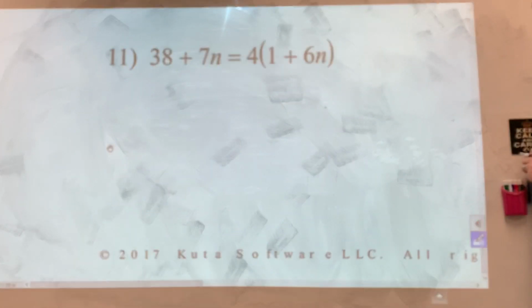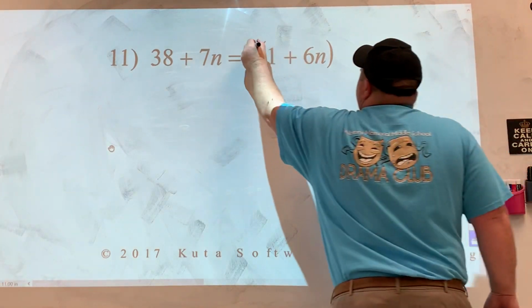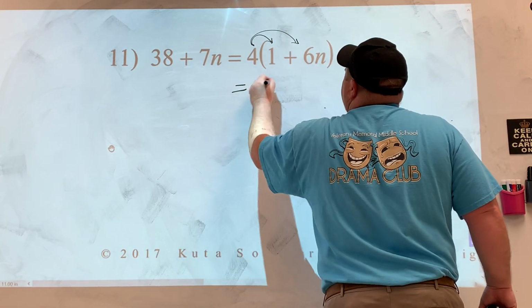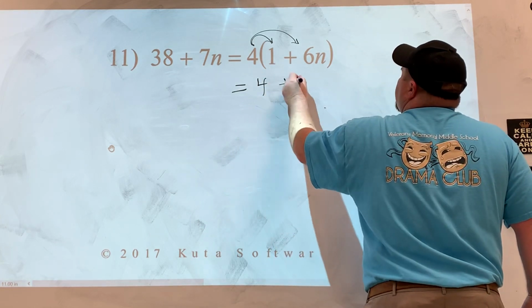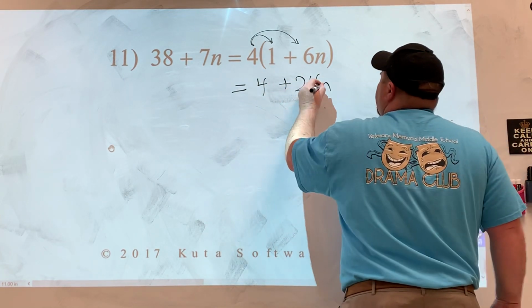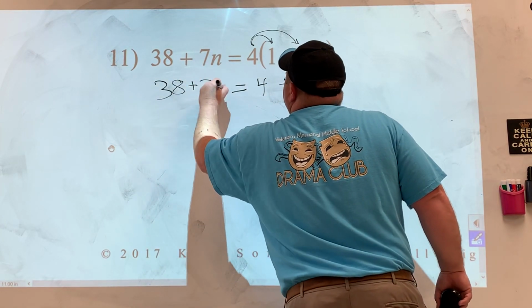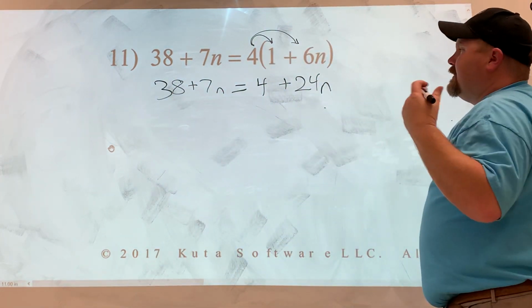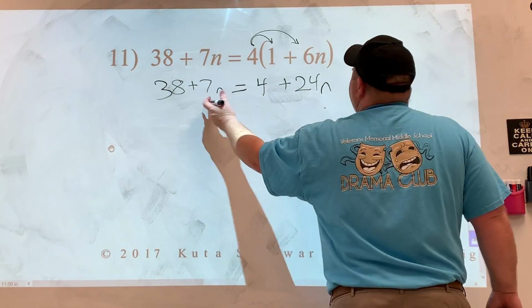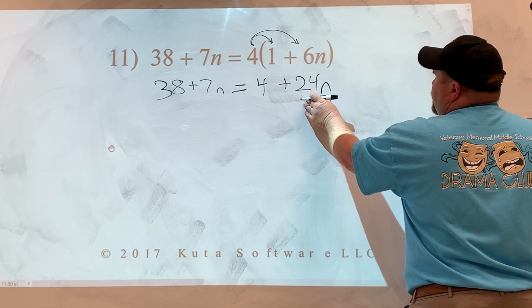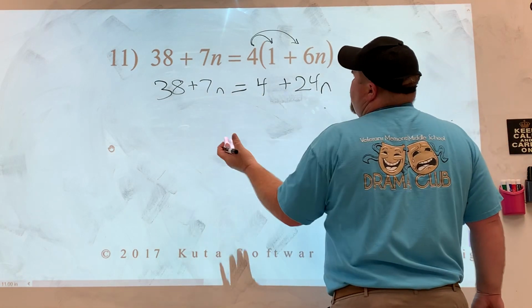Problem number 11. Need to go ahead and distribute right here. So we got 4 plus 24n. All right, on this side, just bring down 38 plus 7n. Once again, kind of asking myself, is it better for me to subtract 7n from both sides and keep it positive, or should I subtract 24n from both sides and it goes negative?